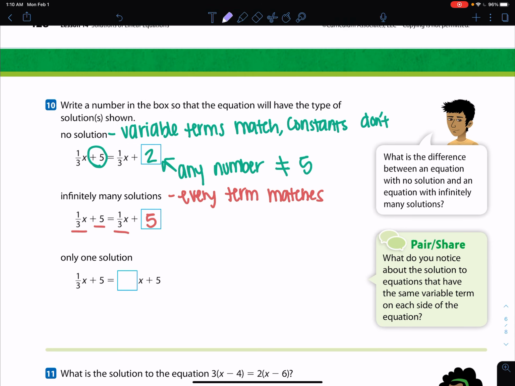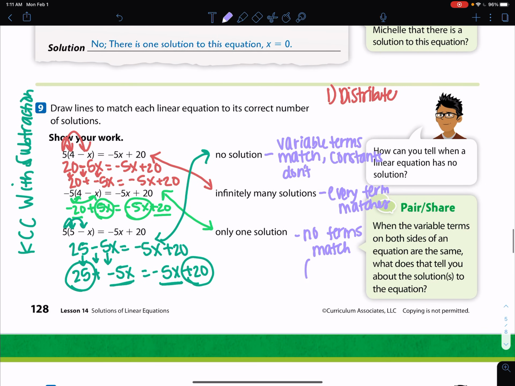And then we have our last one, only one solution. When we have one solution, no term matches. Let's fix this one for the one solution. The variable terms don't match. I'll fix that on the last one as well. I'm sorry about that.